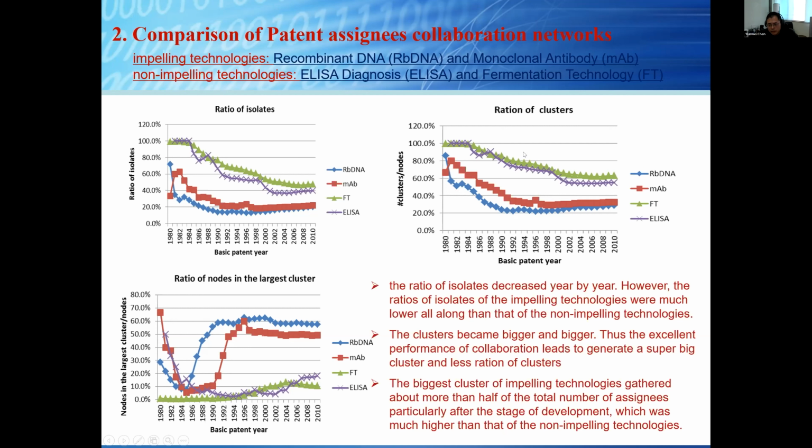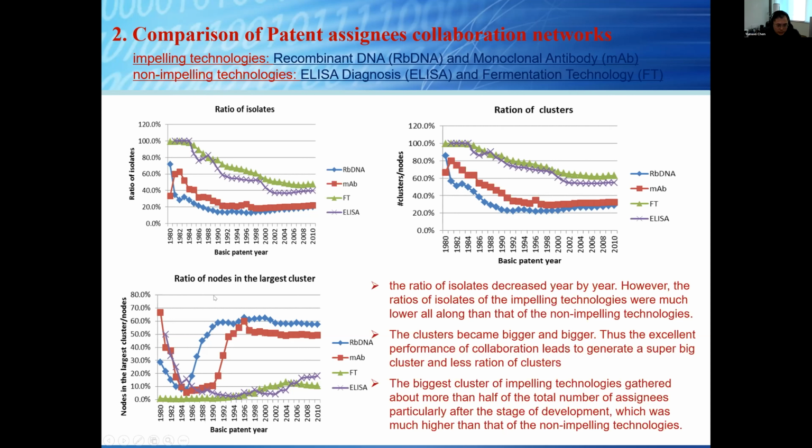So in the collaboration network of non-impelling technologies, there are more isolated nodes. It means that collaboration behavior is less frequent than in impelling technology.